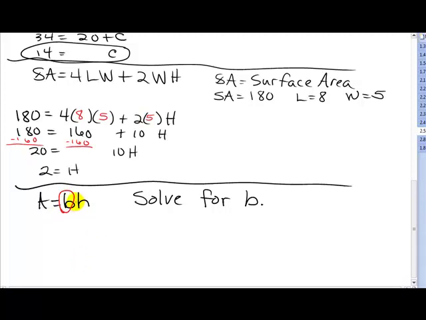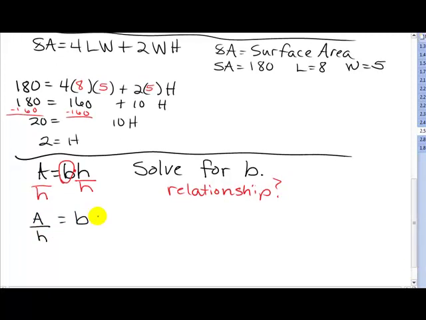So, what's the relationship between this B and this H being multiplied? We want to get rid of the H, so we divide by whatever the H is. Divide by the H. We're left with B equals A over H, which looks very strange to us, but that's our answer.